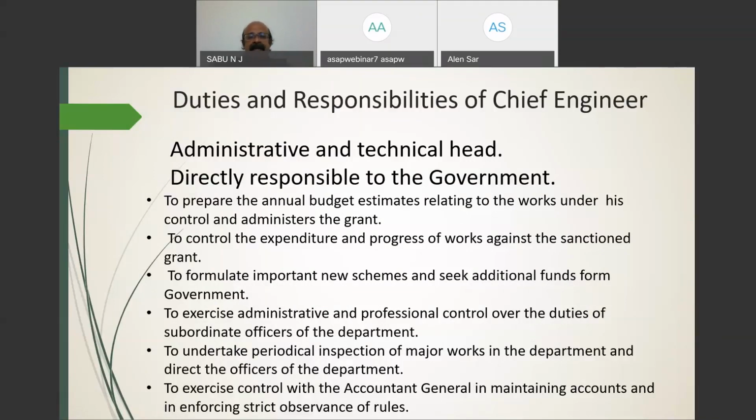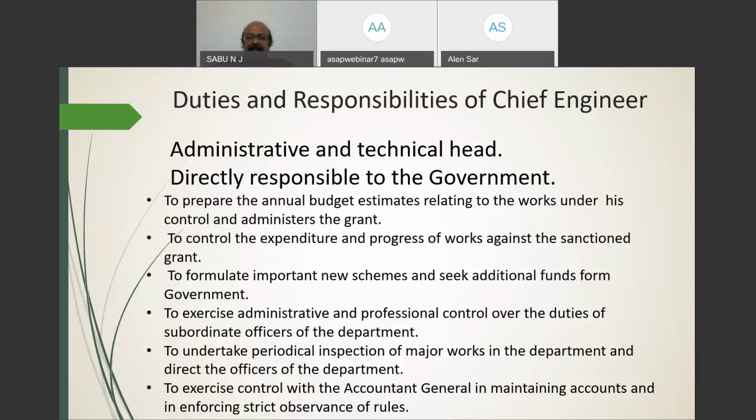He is an administrative and technical head, and he is directly responsible to the government. So all questions must be answered by him. He has full power for carrying out the functions entrusted to the department.